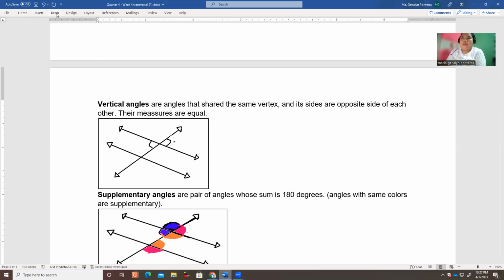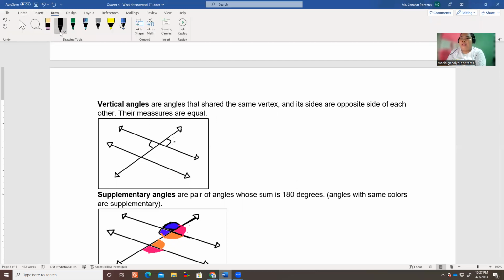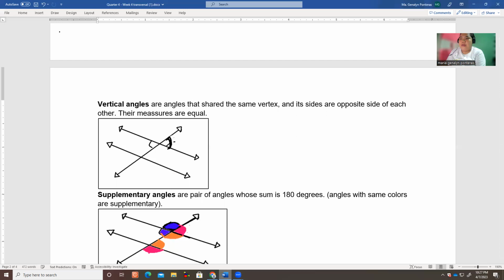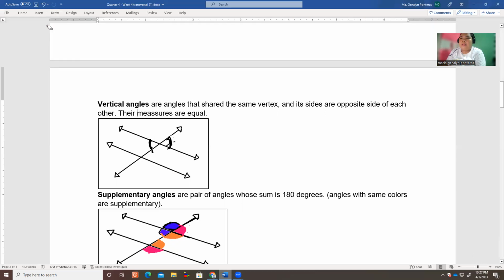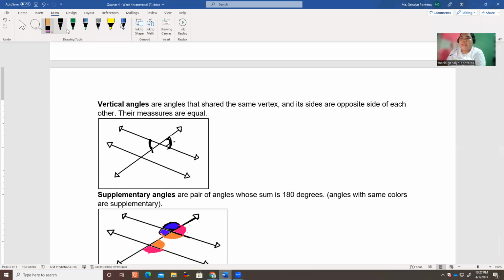This one here, this one is here, and this one is here. So, ito, vertical din to. This is also vertical.